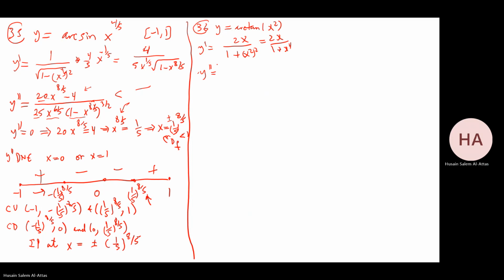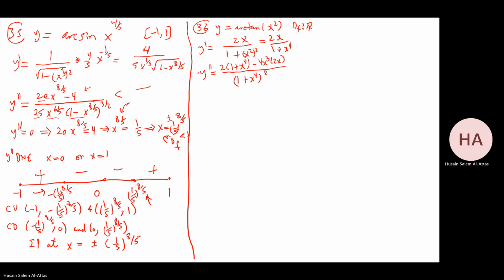What do you want? 2, 1 plus x to the power 4 minus 4x cubed times 2x over this square. By the way, the domain is real numbers. Very clear, the domain is all real numbers. Actually, arctan is defined everywhere.